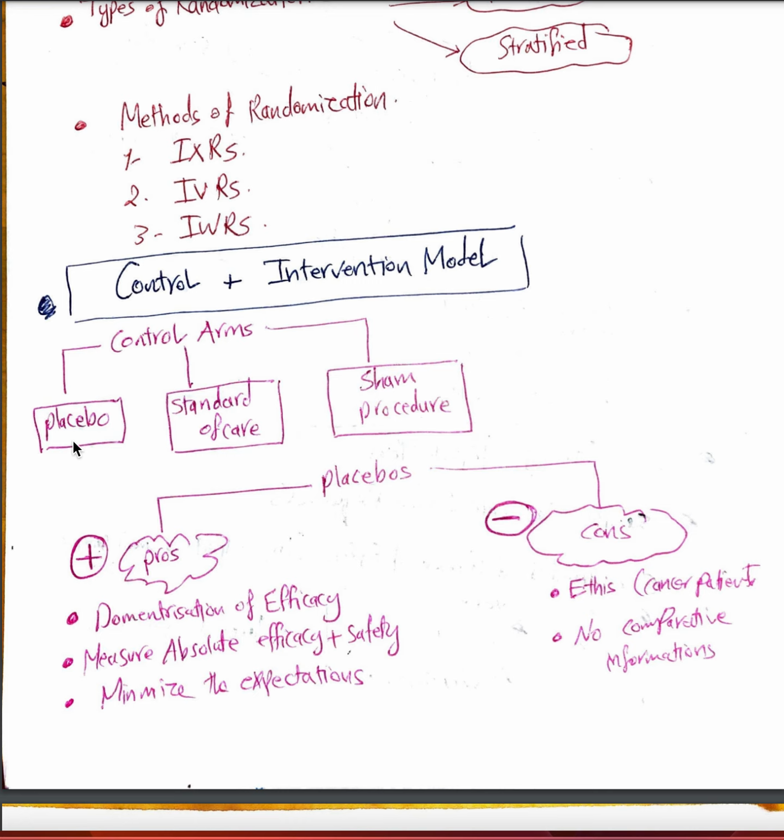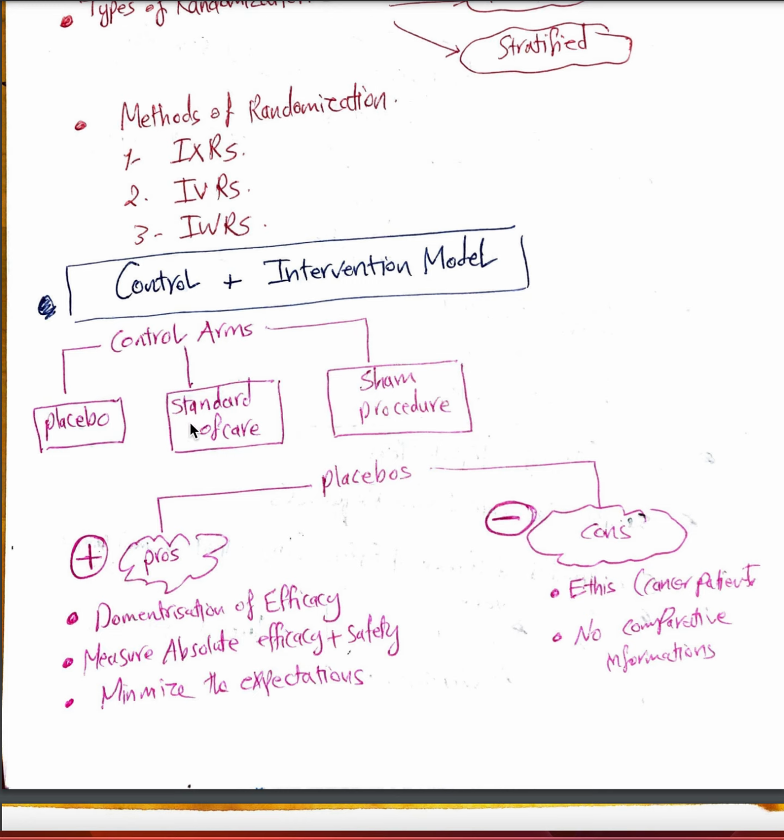The placebo may be glucose or normal saline. It has no effect on the body, and the participant just expects that it is a drug and that it will improve things, but actually it has no effect. So that is exactly the placebo.